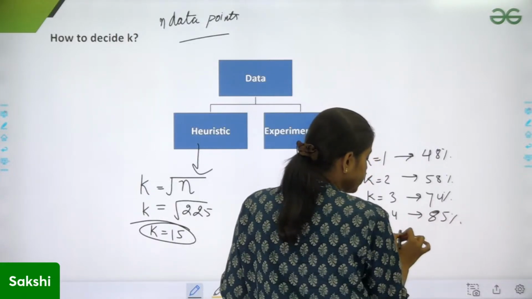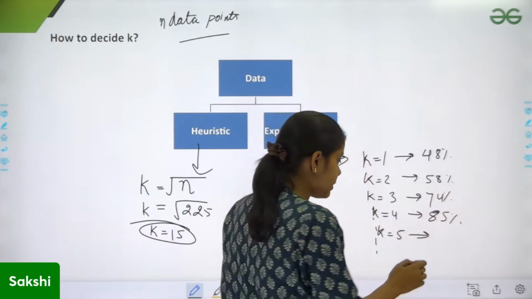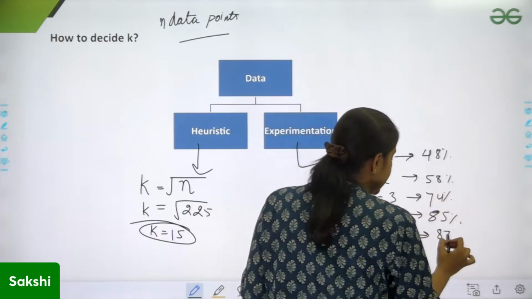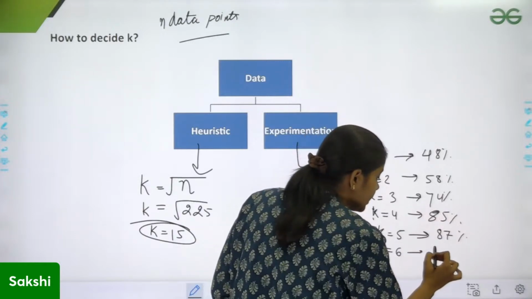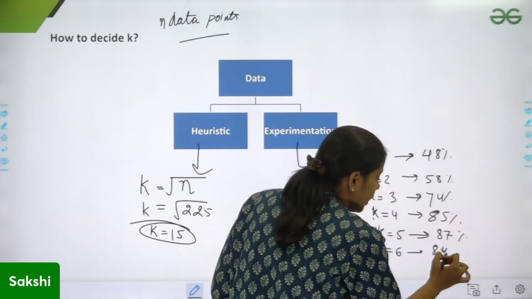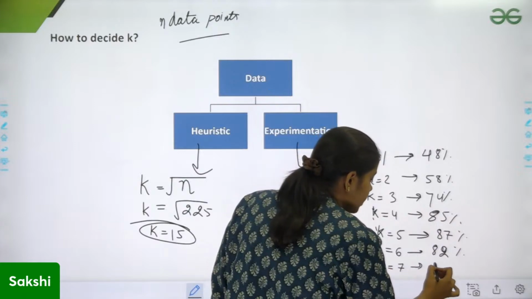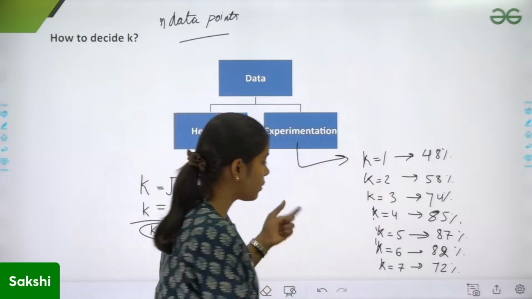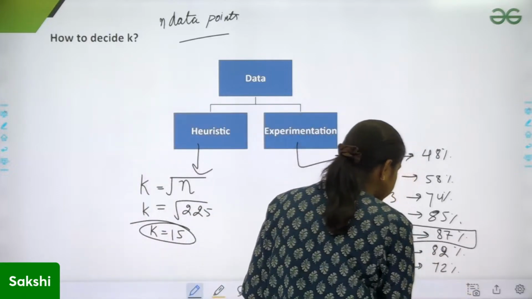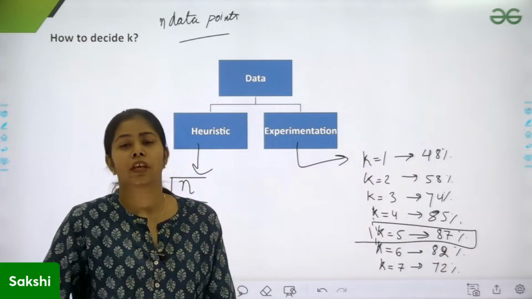Then at k equals 5, my accuracy starts to decrease, or let's suppose it increases at k equals 5, but at k equals 6 it decreases to 82%. Then k equals 7, it becomes 72%. So as you can see, you get maximum accuracy at the k equals 5 point. So you would finalize the value of k as 5.